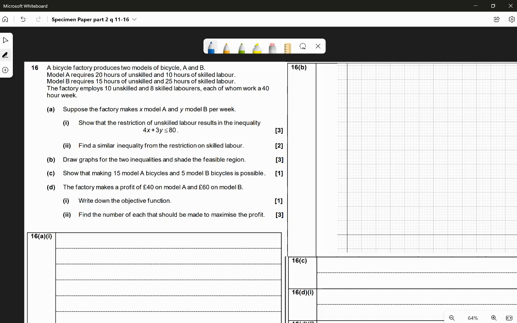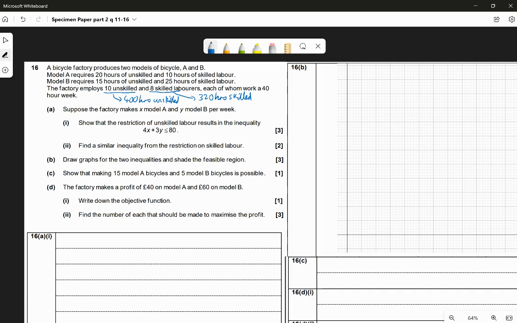So if each of them works a 40-hour week, then I have 400 hours of unskilled time available to me, and 8 lots of 40, so 320 hours of skilled time available to be used during the week.